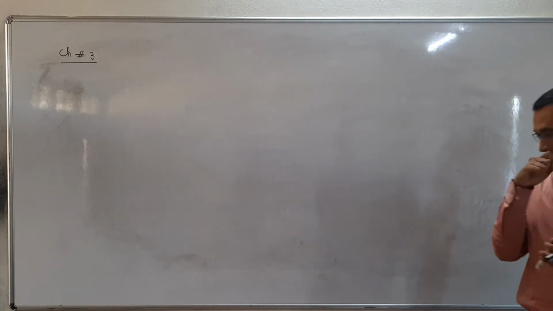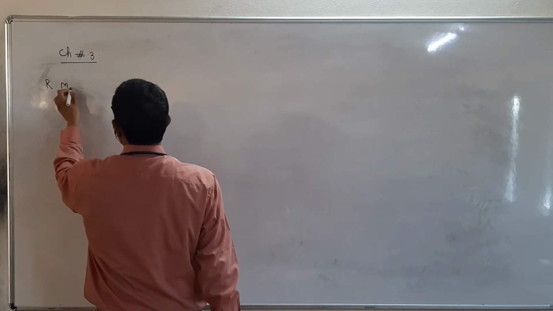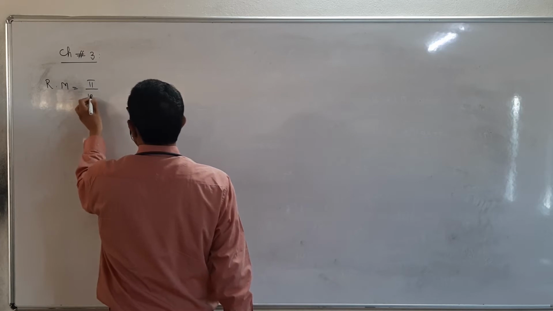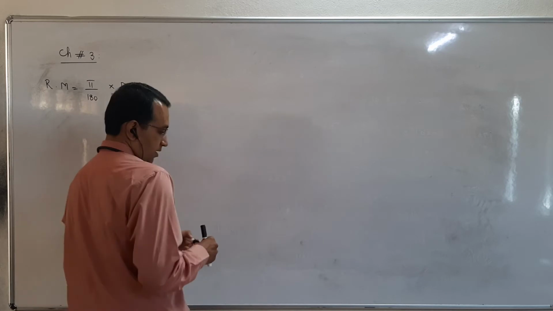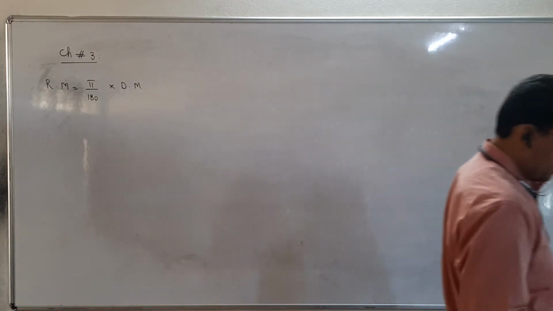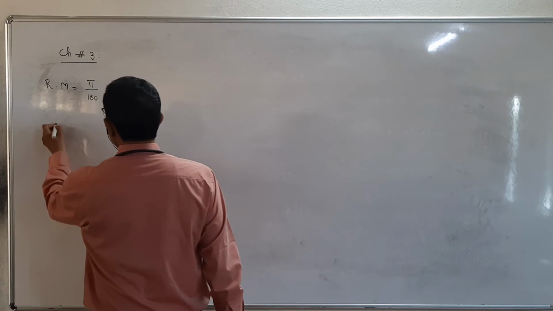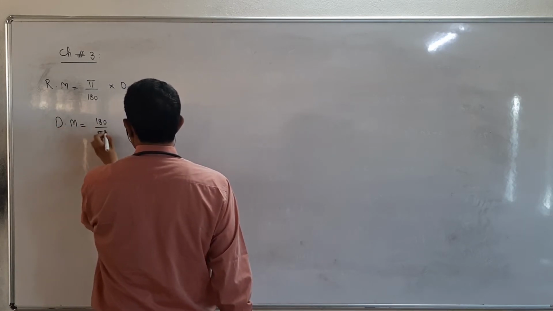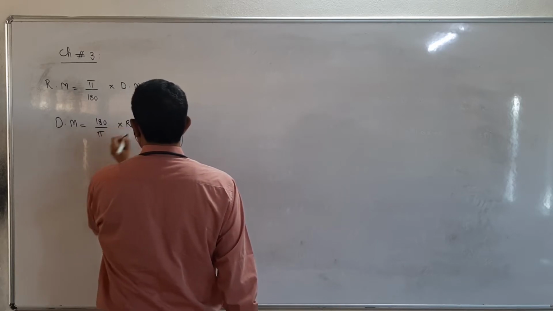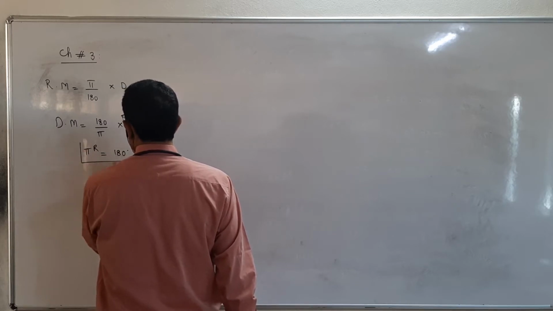Now students, all of you know that radian measure Rn is equal to pi by 180 into degree measure, and conversely degree measure is equal to 180 by pi into Rn, and pi radian is equal to 180 degree.